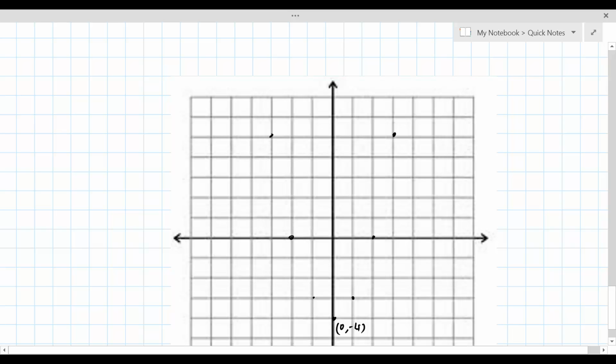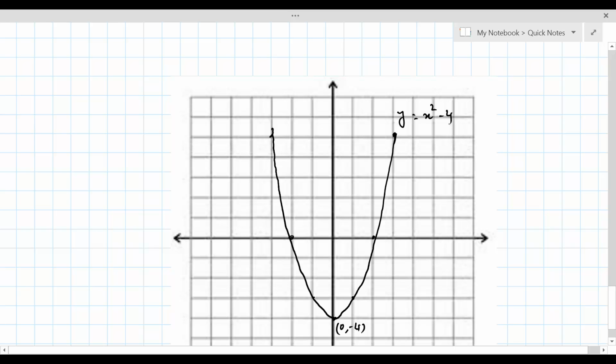Let's draw the graph of parabola y is equal to x square minus 4 through these points. And this is the graph that we get for the given function y is equal to x square minus 4.